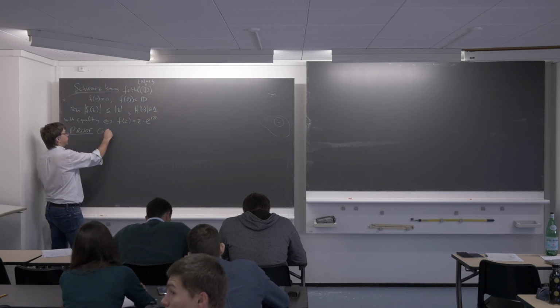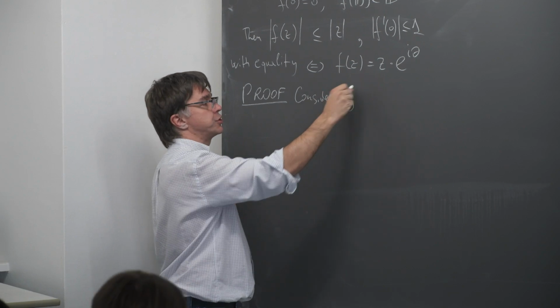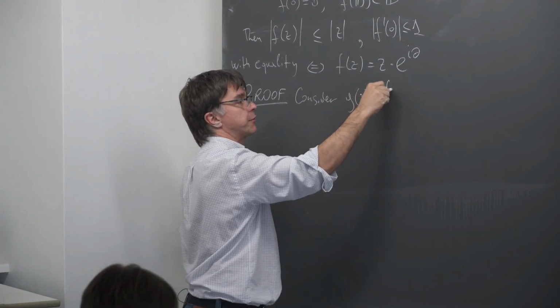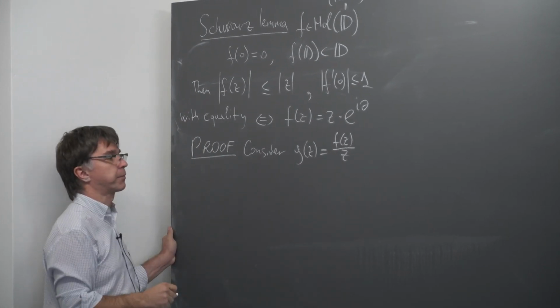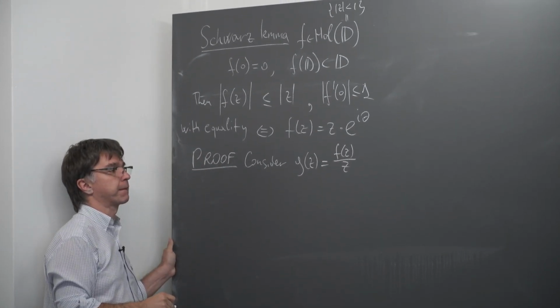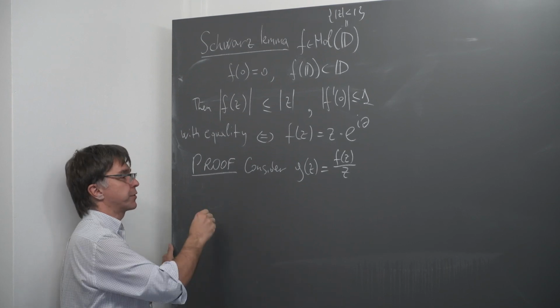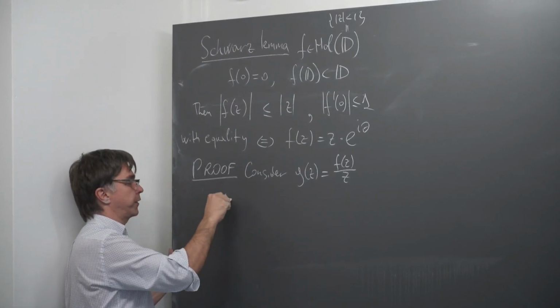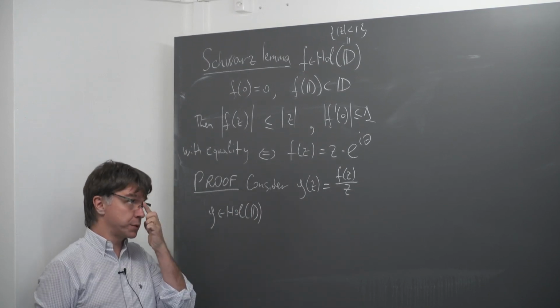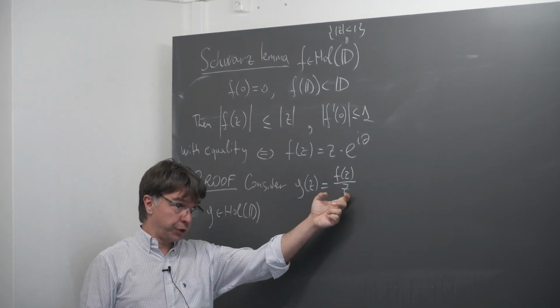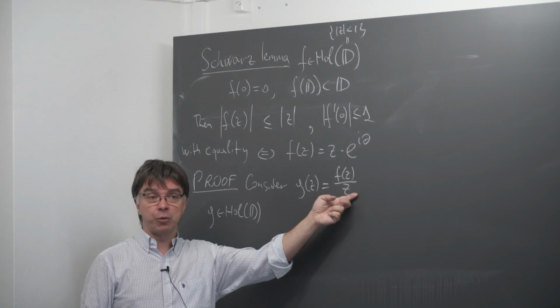Let's consider the function g of z, which is f of z over z. So I claim that it is holomorphic in the unit disk. Why so? Because when we don't divide by 0, it's clear that it's holomorphic.